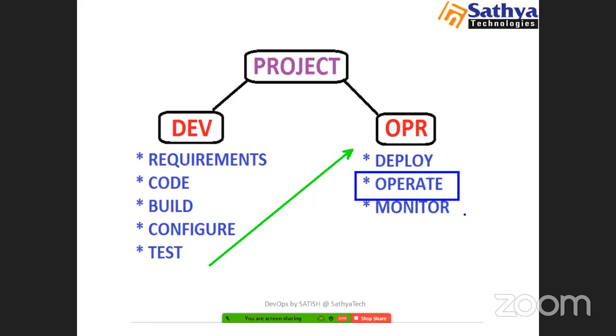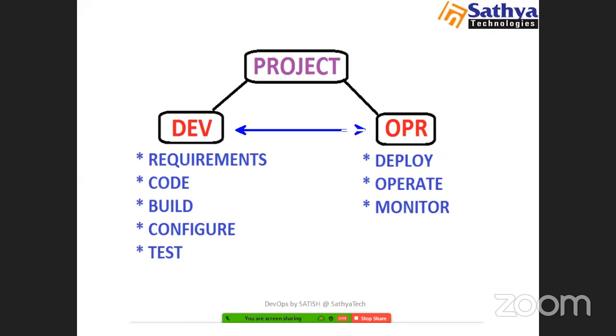Operate is nothing but maintenance, server maintenance, and we can do monitoring. In monitoring, you will do a health check. You can see the health of the server, the health of the application, and the health of the services. So the point is, the dev team can focus on application development, and the ops team can do operations and maintenance, and DevOps is a combination of these two, development and operations.